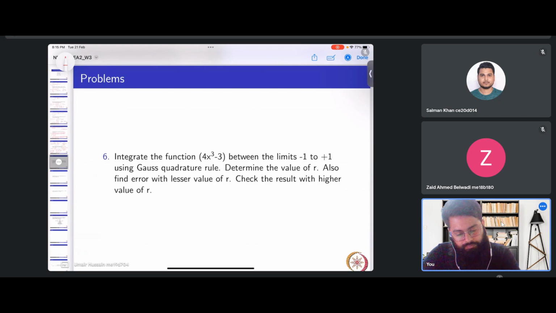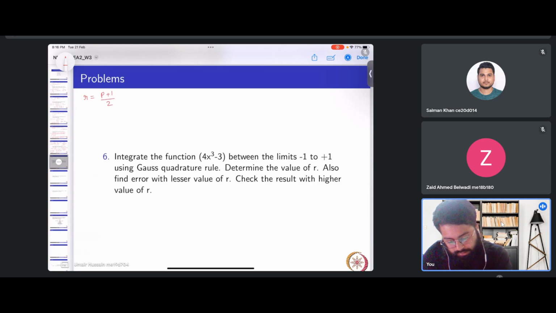Can someone tell the formula for r? Okay, so I think we have r equals p plus 1 by 2, that is if p plus 1 is even, right?